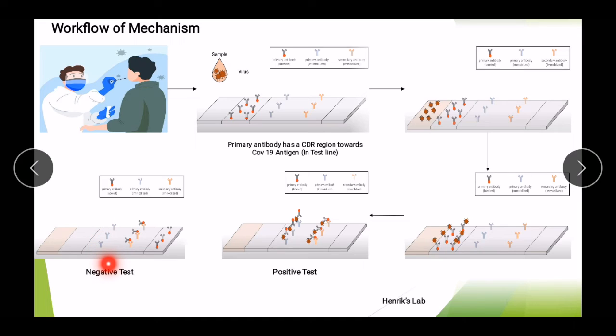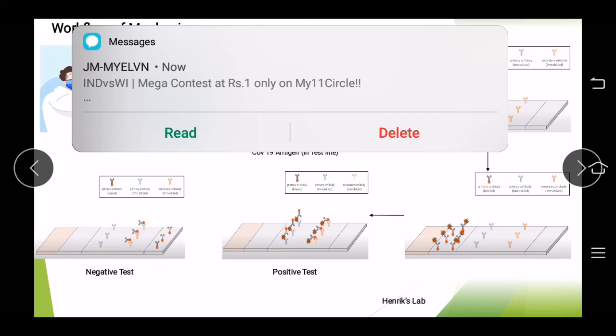But the fluorescently labeled antibody will move because of the capillary action, and it binds to the control line. Hence there is only one red band seen over here, and whatever is not bound is absorbed by the absorbent pad. Because of only one red line, it is a negative test. So this is the basic mechanism.